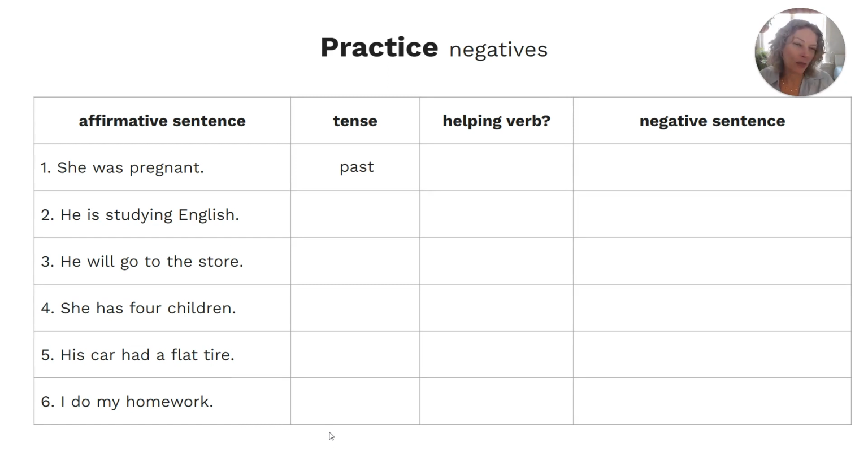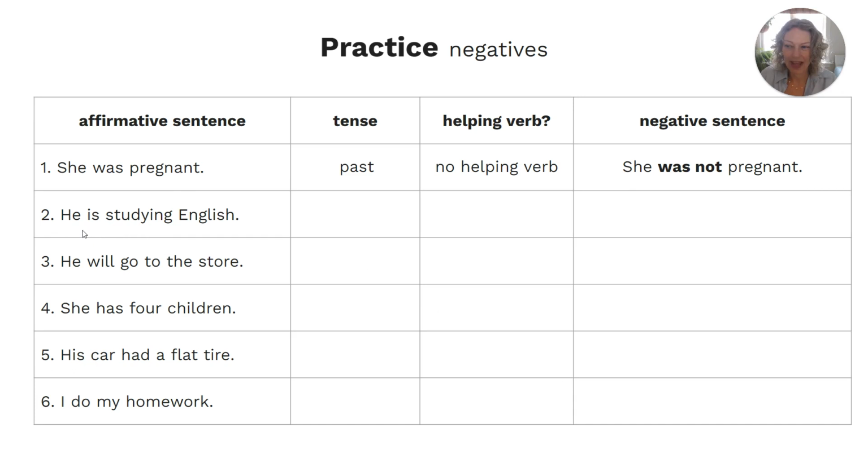And do we have a helping verb in this sentence? No, we don't. But we don't need one when the main verb is be. So was is the past tense of be, right? So that's okay. We can just put not directly after the verb be if it's the main verb. She was not pregnant, or she wasn't pregnant.